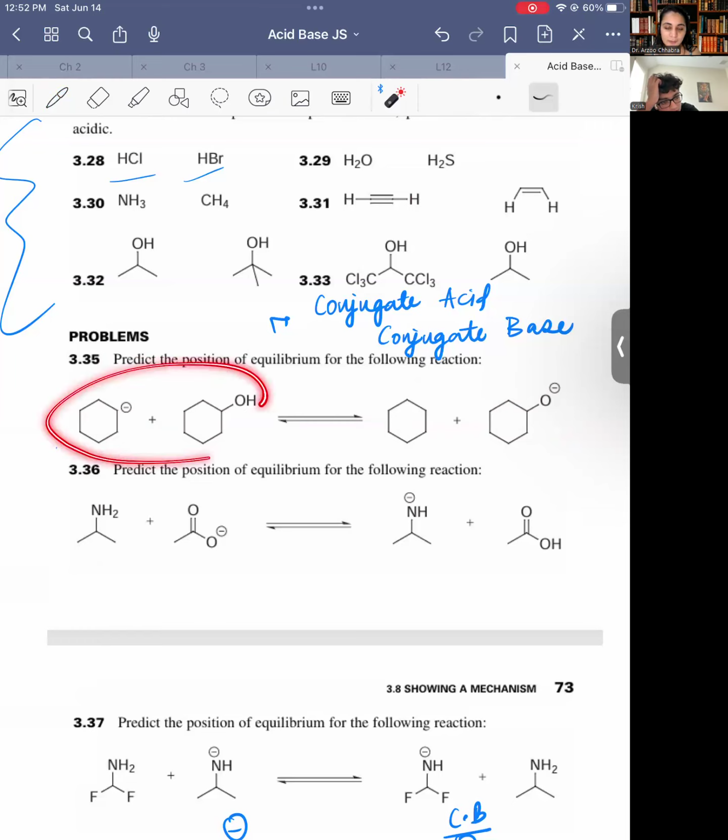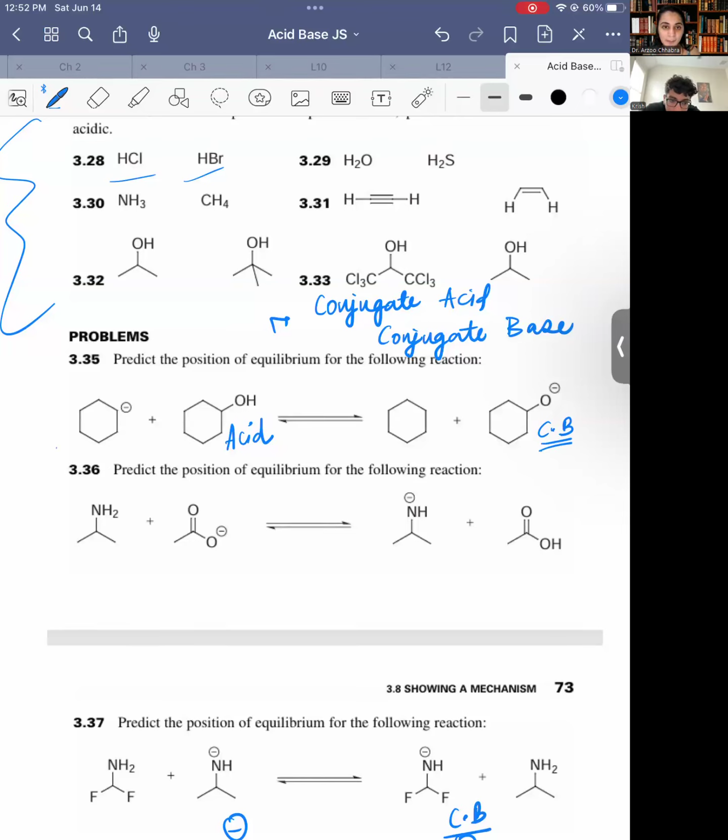So in these two reactants, this compound with the OH donates the H plus and forms the O negative, so this is an acid. The corresponding conjugate base is this. And then we say the base is a compound that accepts a proton. So this is a base, and this is a conjugate acid.